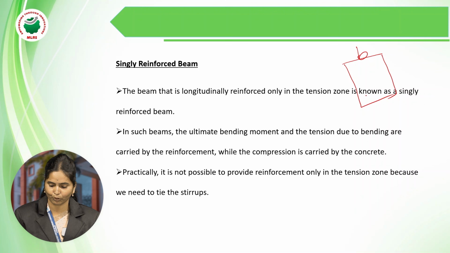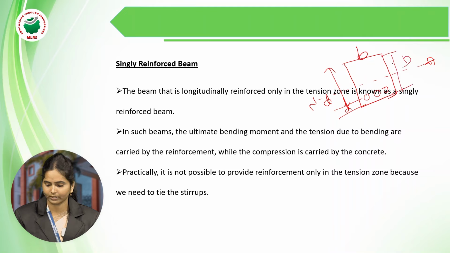Some bars are provided only in the tension zone. This is d dash, this one is the d, and this is the neutral axis, N.A. The total distance is the overall D.